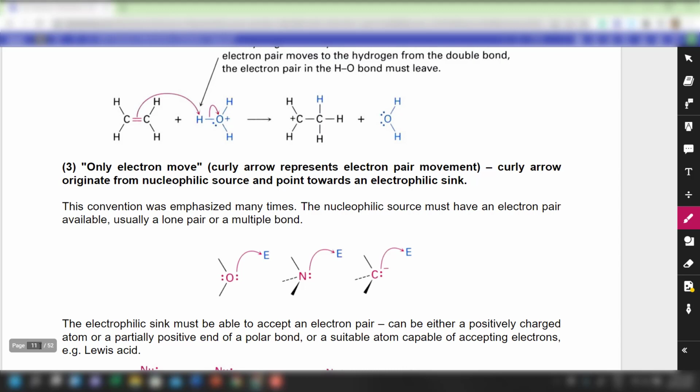Okay, when you draw arrows, it has been established by IUPAC. I think this is a rule which has been around for many years, since chemistry as a discipline was formally set up. We start the arrows from electron-rich sites, and we end the arrowhead towards an electron-deficient site. The arrow simply means electron pair movement.